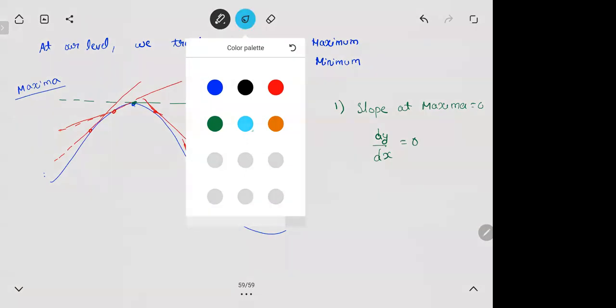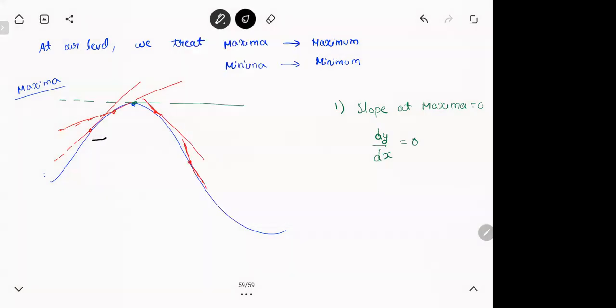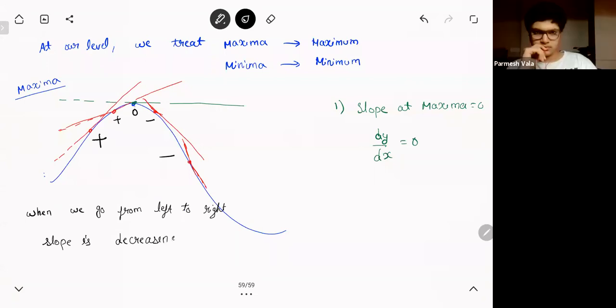If you look at the slope here it was positive, here it is less positive, here it is 0, here it is negative, here it is more negative. Did you observe how the slope is changing when you go from left to right? Slope is decreasing. From positive, it is becoming negative.